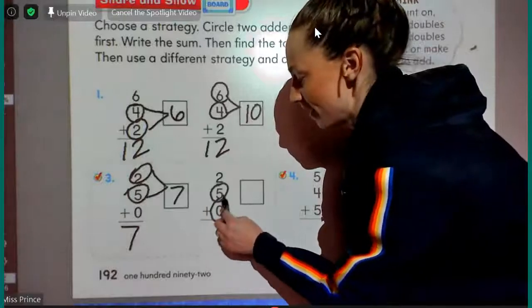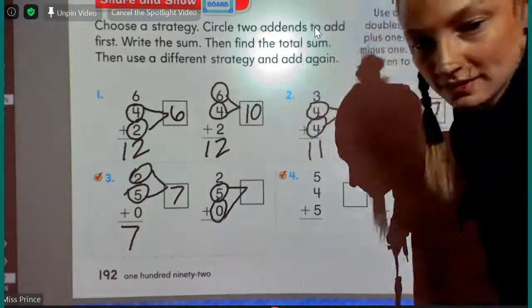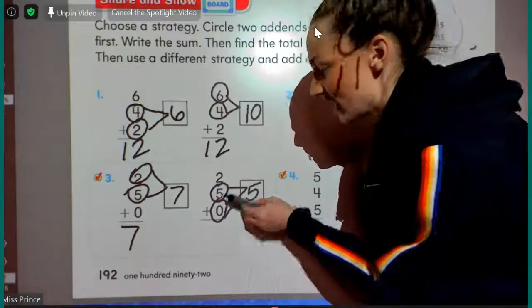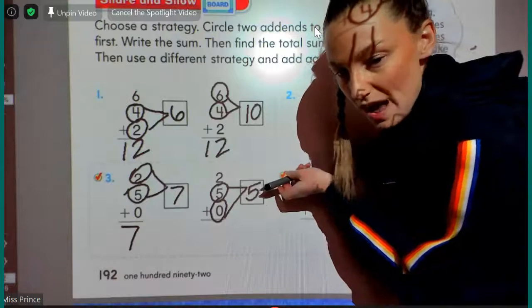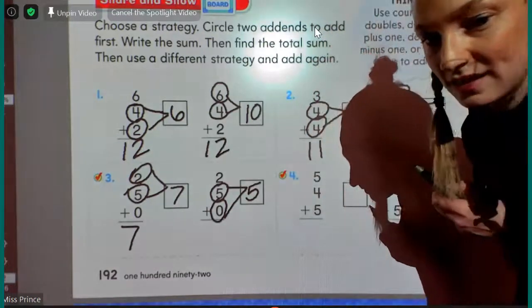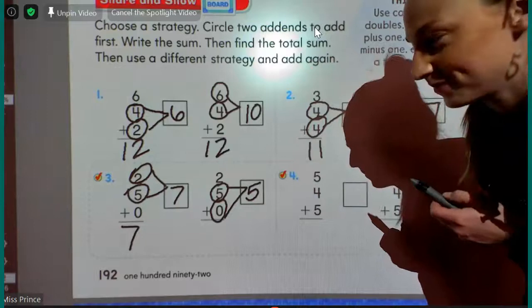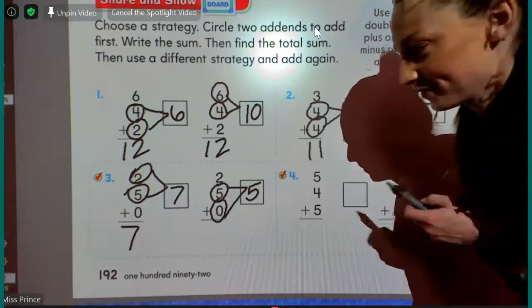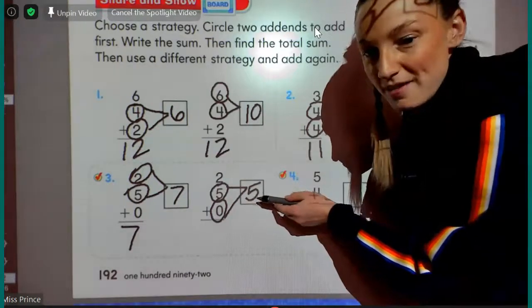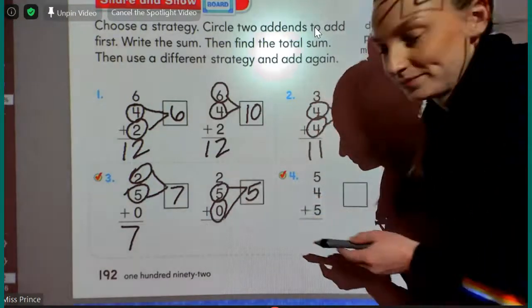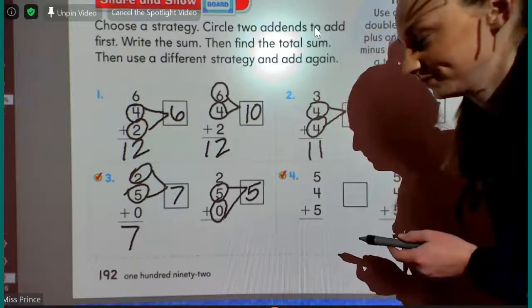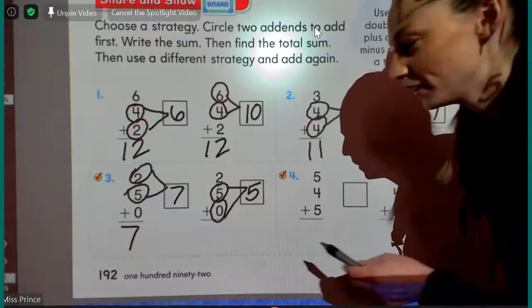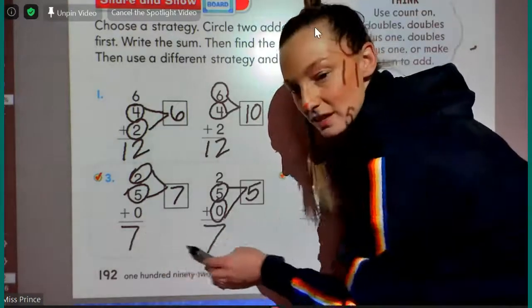And that makes 5. So now you need to add 2 plus 5, which is 7. Good job. Look, we got the same answer.